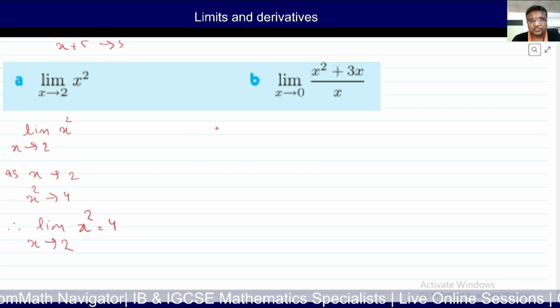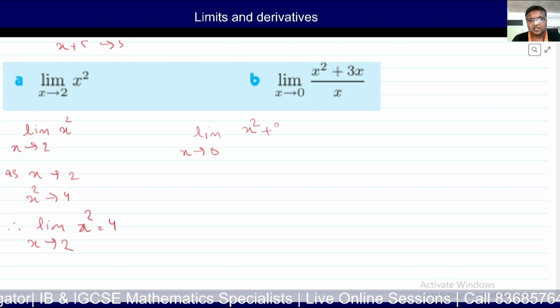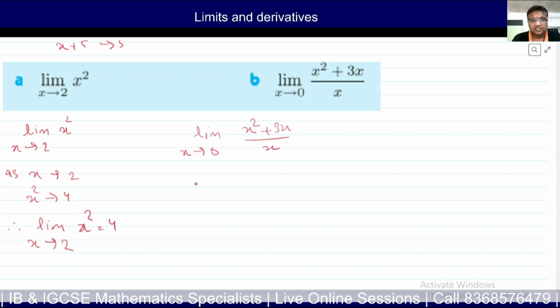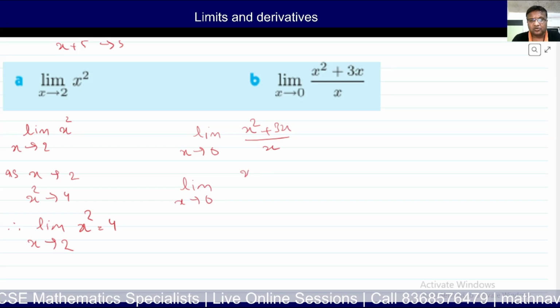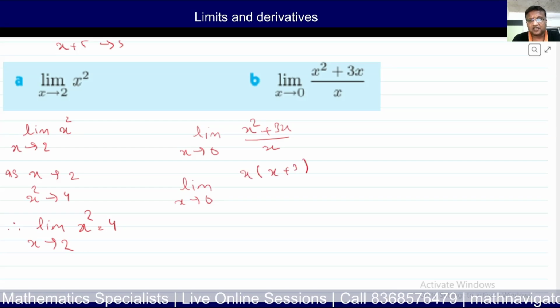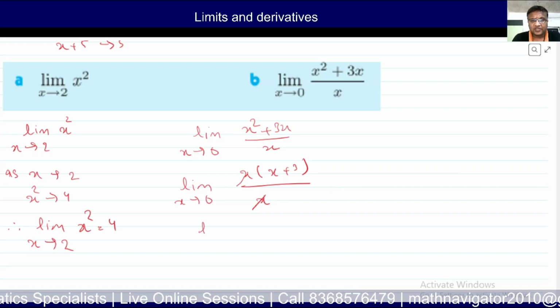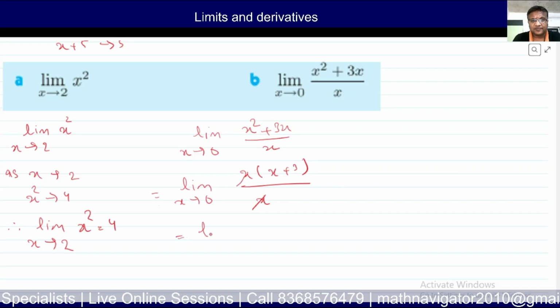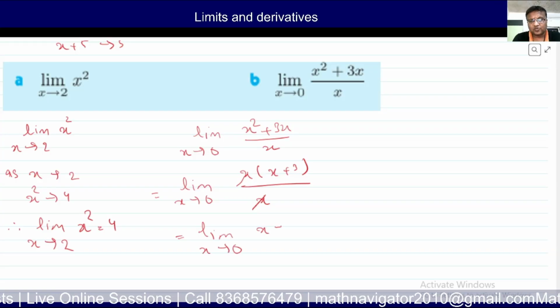Let's do the next question. Limit x tends to 0, (x squared plus 3x) by x. So limit x tends to 0, x times (x plus 3) by x, x cancels x, so this will give me limit x tends to 0, x plus 3.